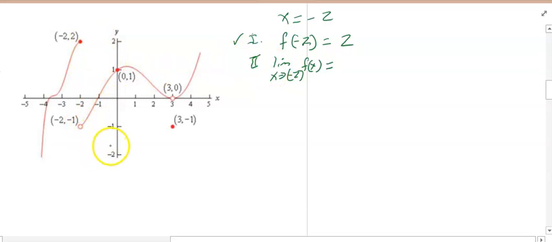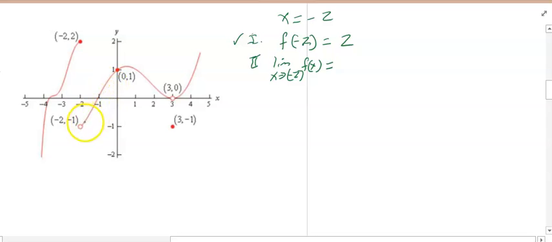Is there a limit? Notice as we approach -2 from the left, the limit of the function is 2.